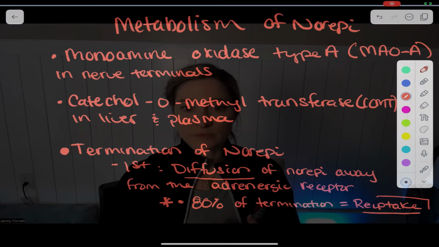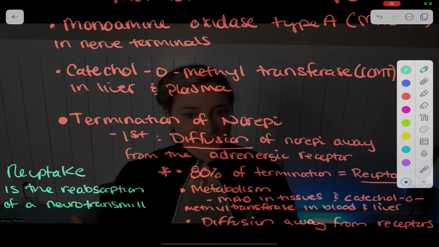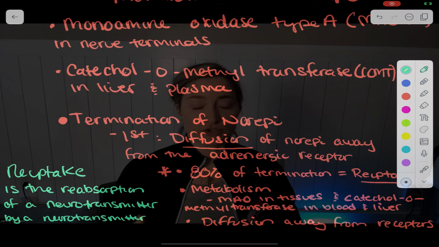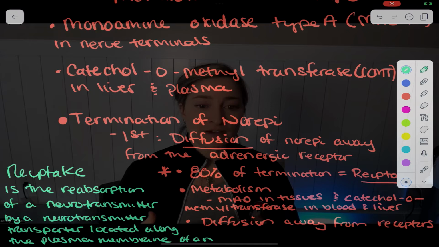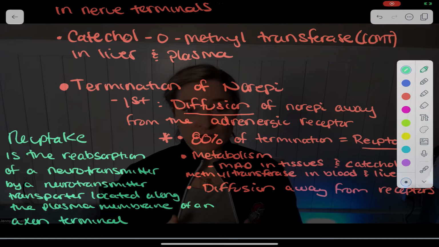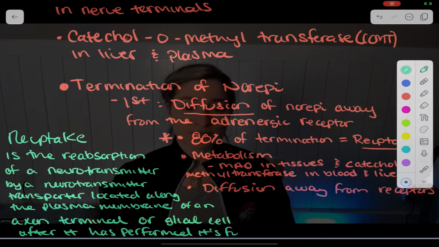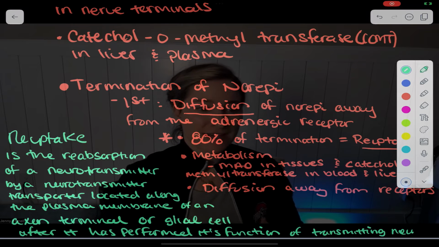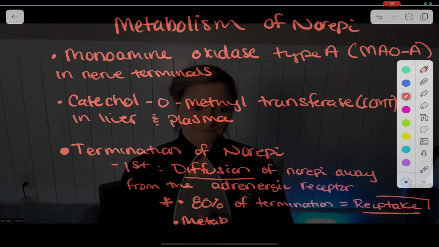And you may be wondering, well, what is reuptake, Jenny? Reuptake is essentially the reabsorption of a neurotransmitter by a neurotransmitter transporter located along the plasma membrane of an axon terminal or a glial cell after it has performed its function of transmitting the neural impulse. So that is what reuptake is, and that is what is responsible for 80% of the termination of norepinephrine.